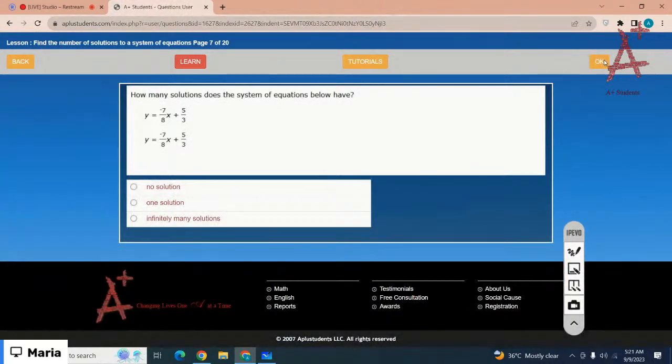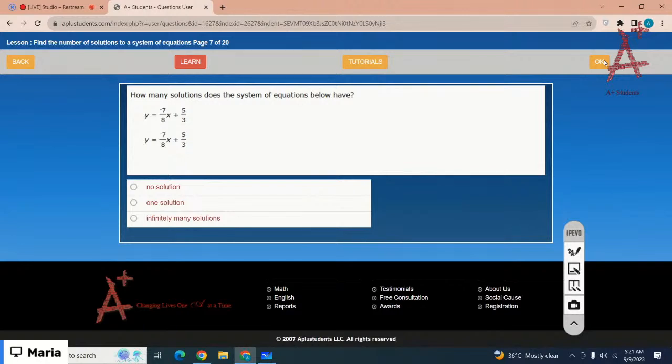Okay, how many solutions does the system of equations below have? So which is the correct option? Both the equations are identical, right?